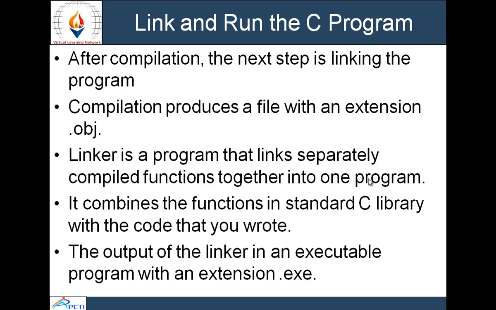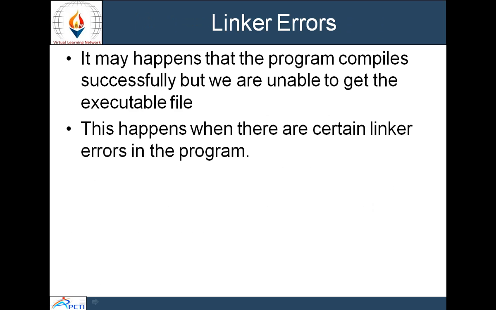Whatever functions we use, the linker links all the compiled functions into one program. After that, the executable file is created. It combines the functions in the standard C library with the code that you wrote. The output of the linker is an executable program with extension .exe.